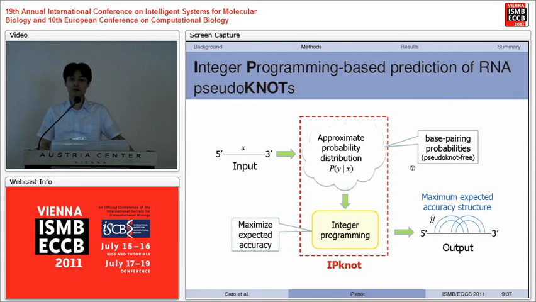Then we find the optimal secondary structure with pseudoknots, in terms of the MEA principle, by using integer programming. We have already applied this framework to RNA interaction prediction, called LentiPE, and have obtained good results.